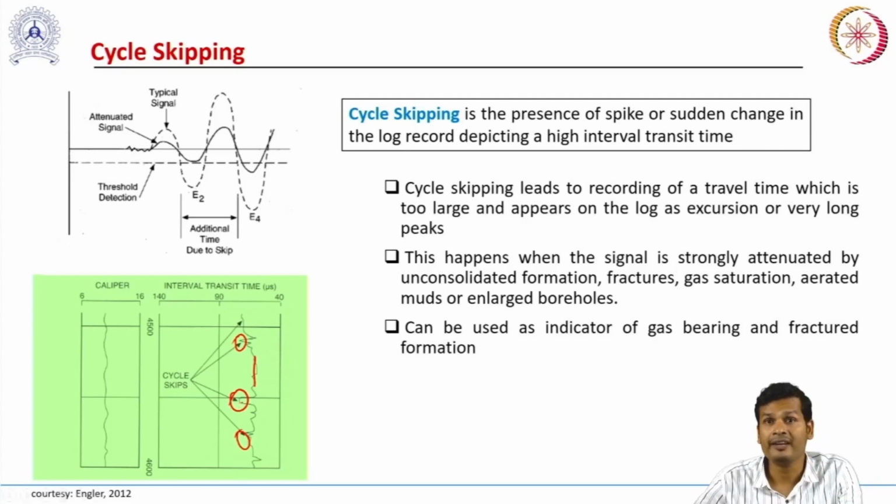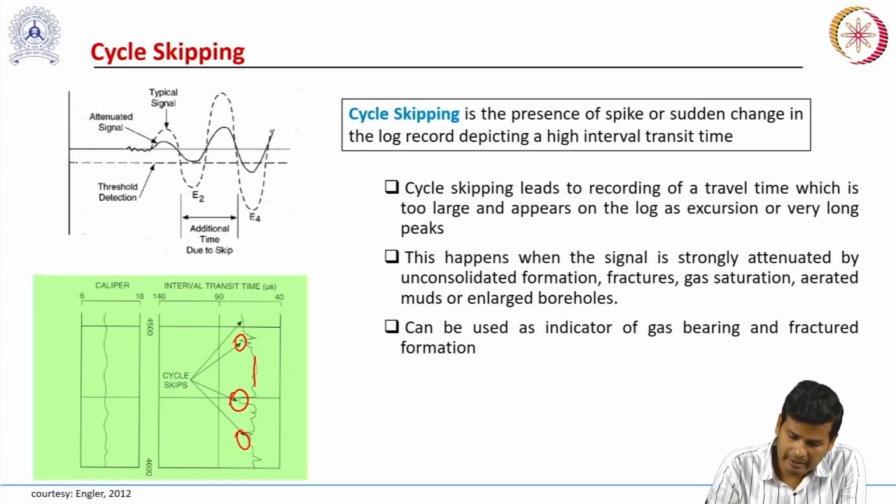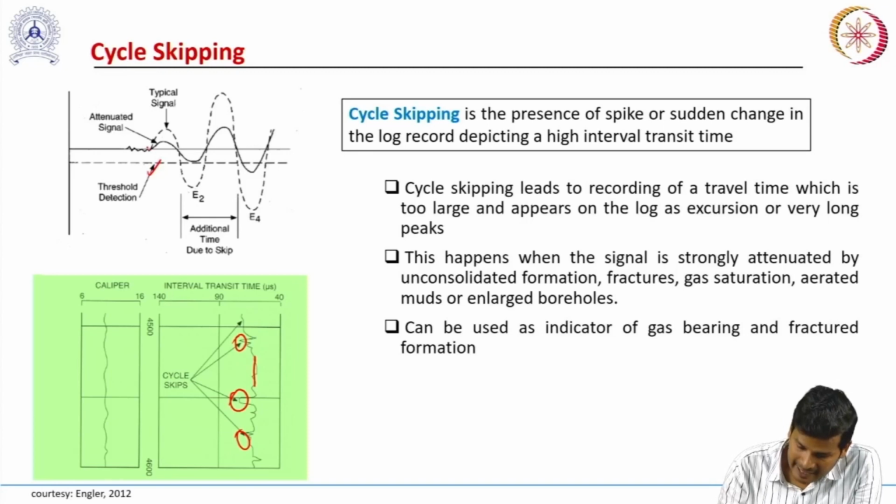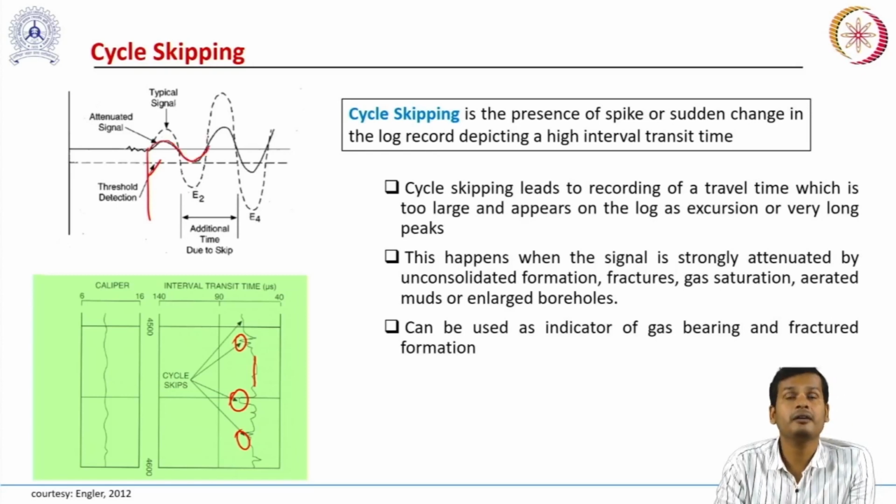So what happens when the sound wave travels through the formation medium? It is continuously attenuated, so the amplitude of the sound wave is going to decrease. We know that we set a threshold value or cutoff amplitude value. Now you can see at the receiver, the first cycle of the sound wave has only this much amplitude, which is less than our cutoff amplitude.